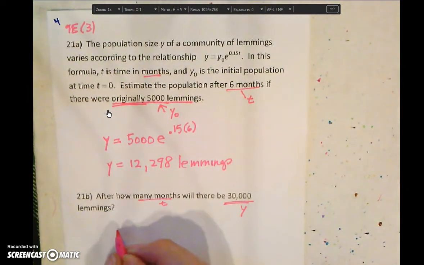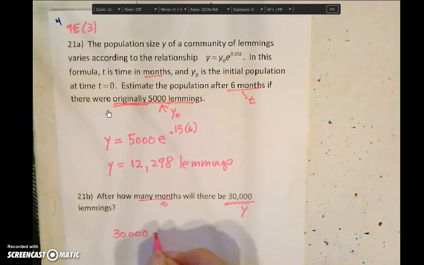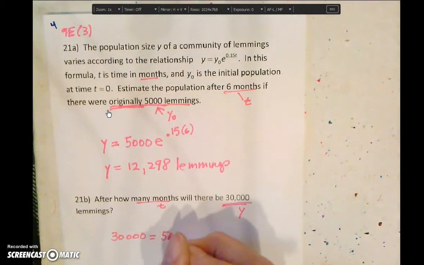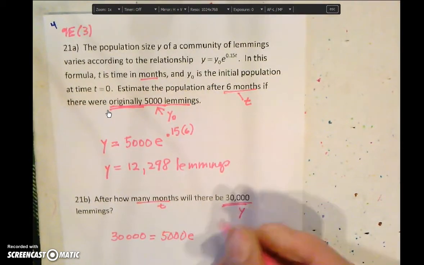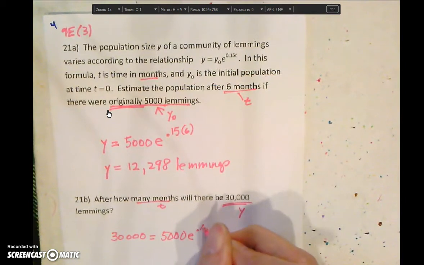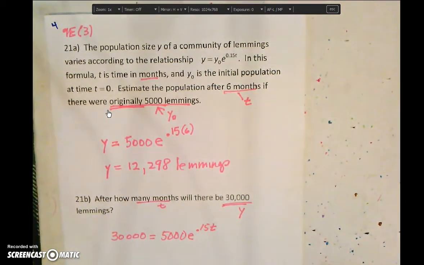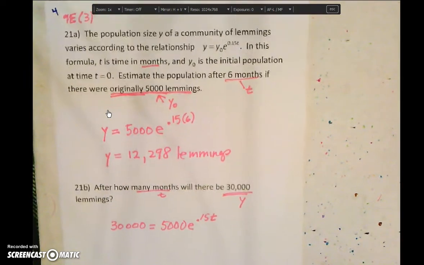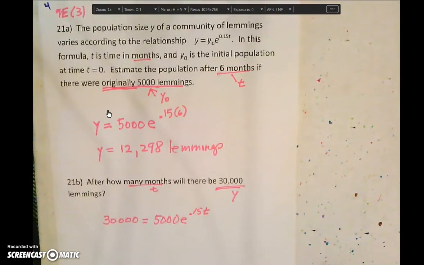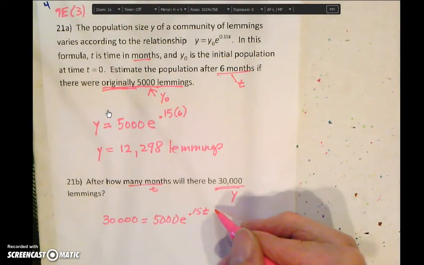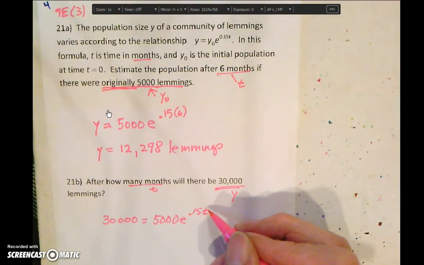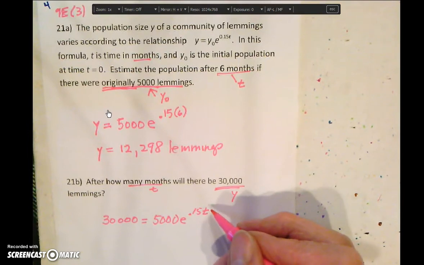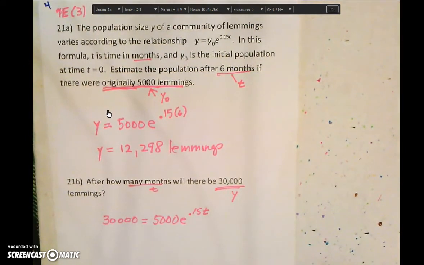So when we fill our formula in, 30,000 lemmings is going to be equal to 5,000 e raised to the 0.15 t power. And we need to calculate out what t is. So where is t? Well, t is in the exponent. And how do I get the t out of the exponent? I'm going to need to take the log of both sides.